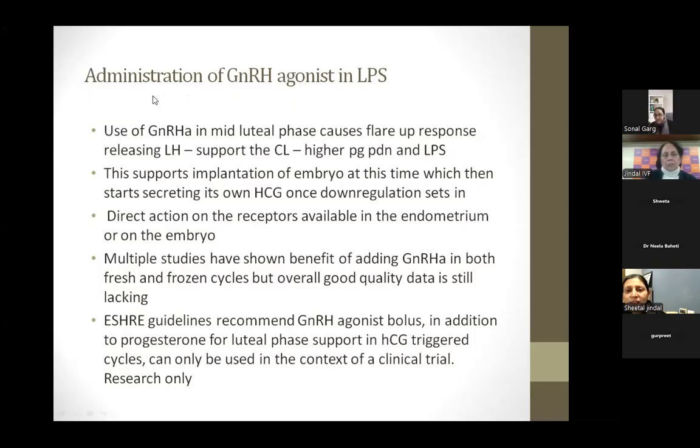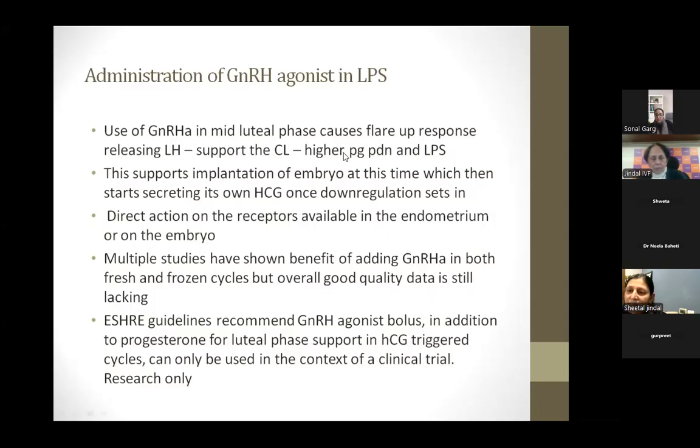There is a recent interest, and I saw a lot of articles, on the administration of GnRH agonist in luteal phase support. Use of a GnRH agonist in the mid-luteal phase causes a flare-up response, and it can cause release of LH and support the corpus luteum. That is why it is usually given on the day of the blastocyst transfer, and some people advocate giving a short dose of GnRH agonist, 0.1 or 0.2 milligram.